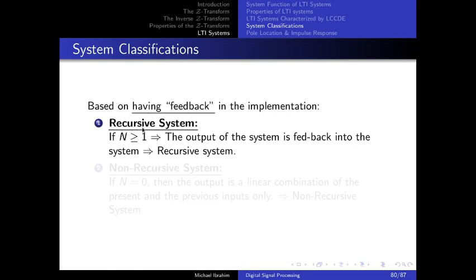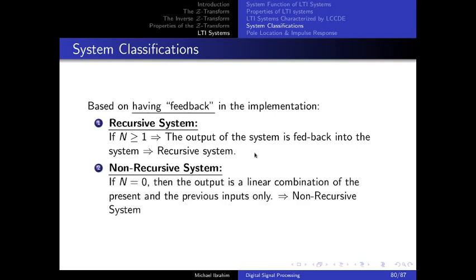So recursive systems in general are infinite impulse response systems. Non-recursive systems, on the other hand, do not have any feedback, and hence they do not have any poles. That's why it's an FIR system, a finite impulse response system.